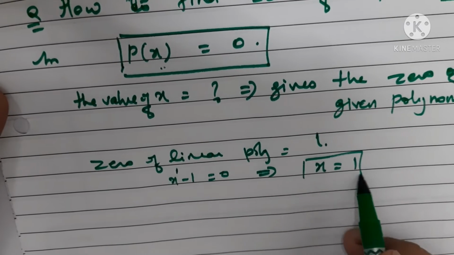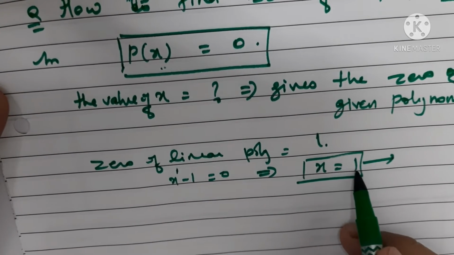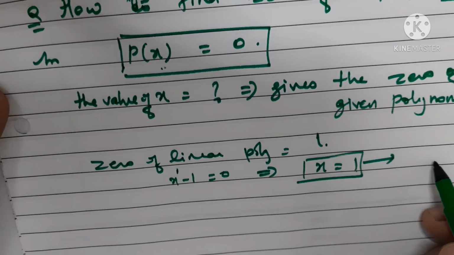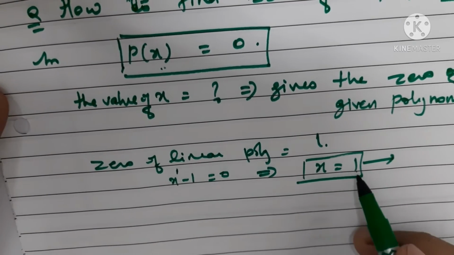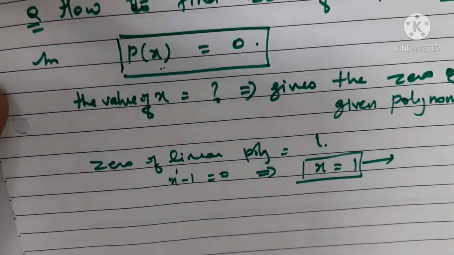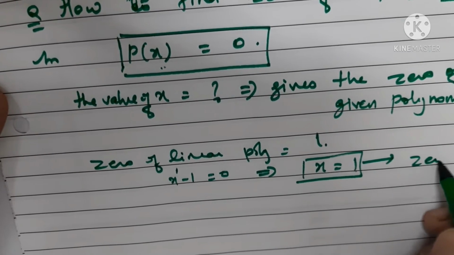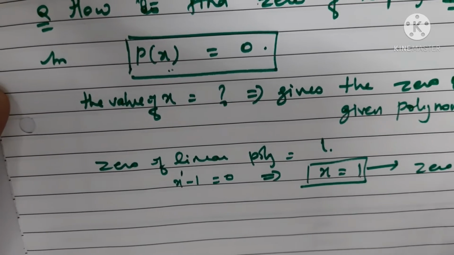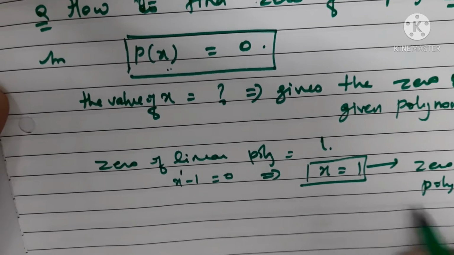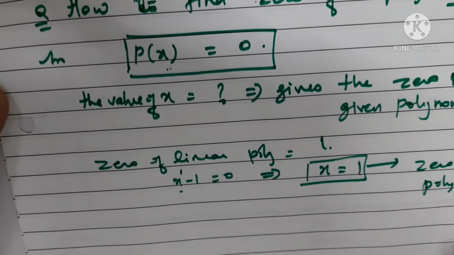When x is equal to 1, this 1 becomes the 0 of the polynomial. So this is the 0 of the polynomial, and which polynomial here? It is x minus 1.